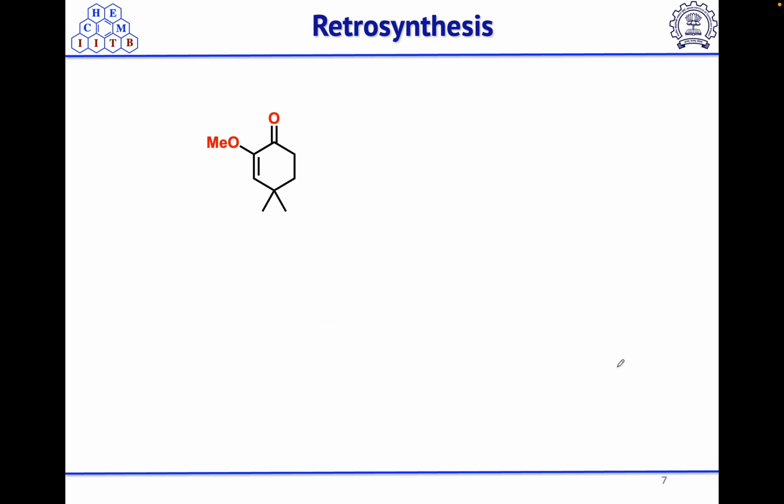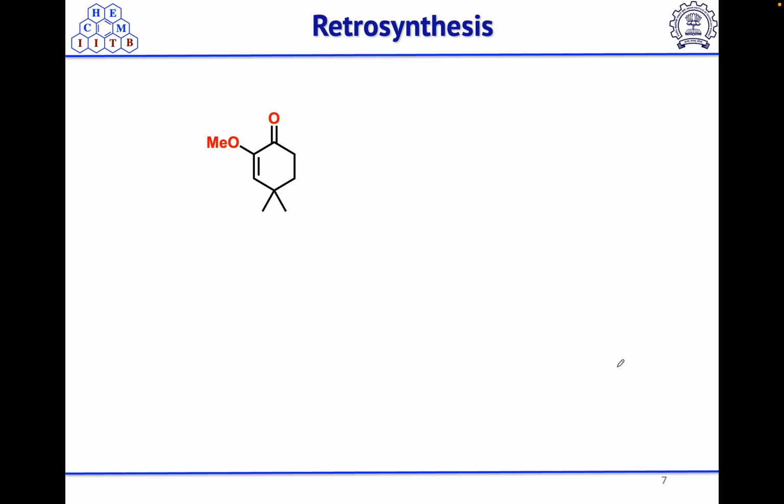So this is another molecule. How can we think about the retrosynthesis for this molecule? First you check what functional groups are present in this molecule, then think how we can synthesize those functional groups, or how we can convert some particular functional groups to some desired functional groups.